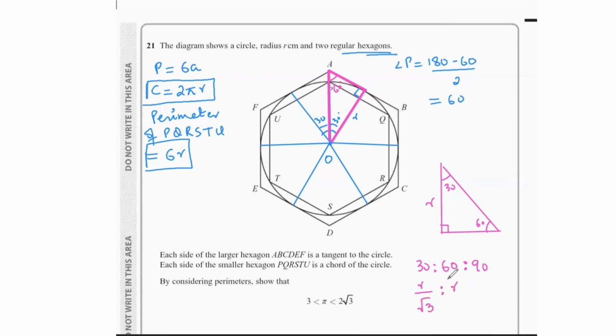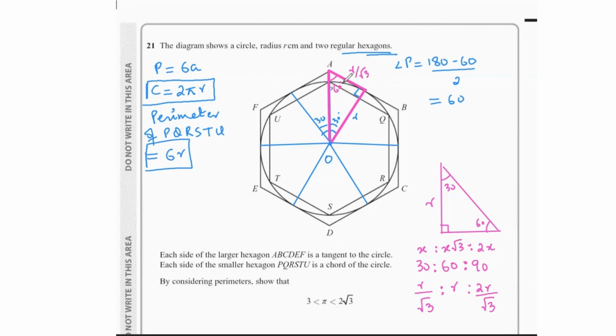Because in a special right angle triangle, the ratio of lengths is x to x root 3 to 2x. But since there is no root 3 with the 60 length, that means the 30 length is getting divided by root 3. Okay. And for 90, that's going to be twice of that, so that's going to be 2r over root 3. So this length over here, that is r over root 3, half of AB basically.